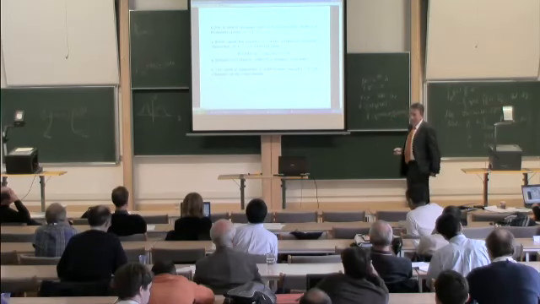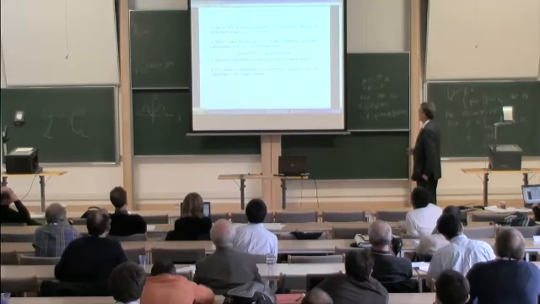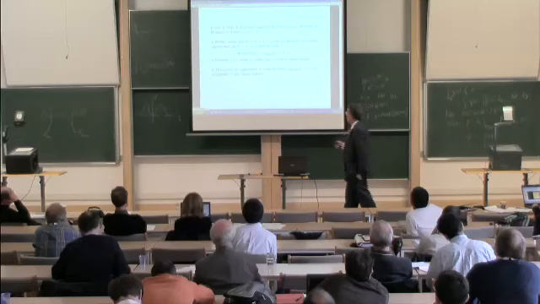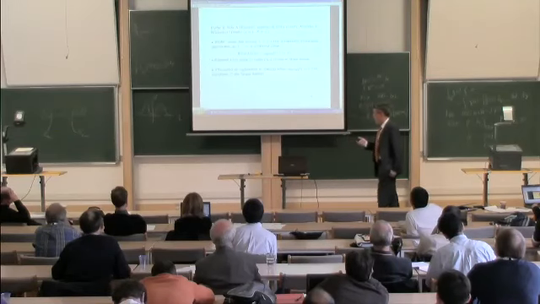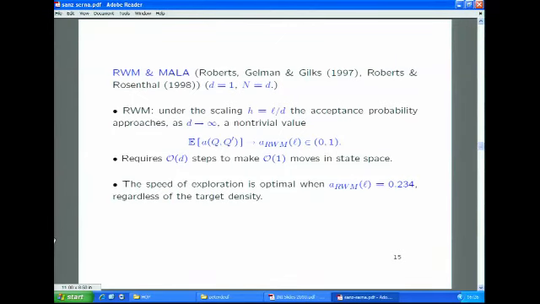So this line of research was pioneered by Roberts and his co-workers about 10 years ago, and what they found for the random walk algorithm is as follows. If you have the random walk, and D is essentially the dimensionality of the problem, so the number of copies of your component, N is the dimensionality of the problem.